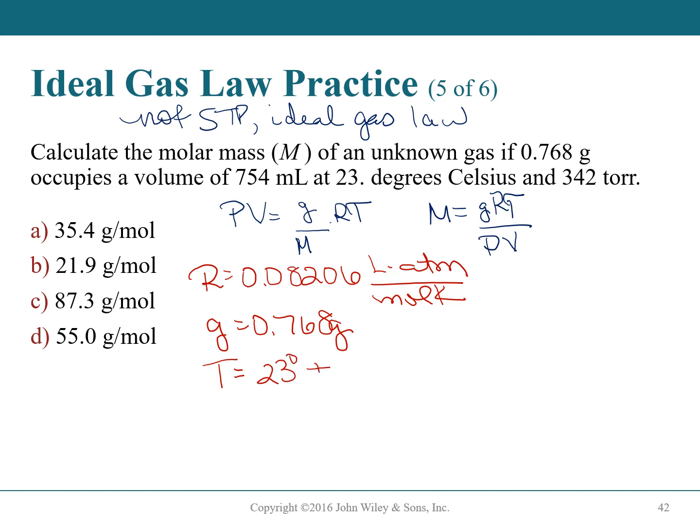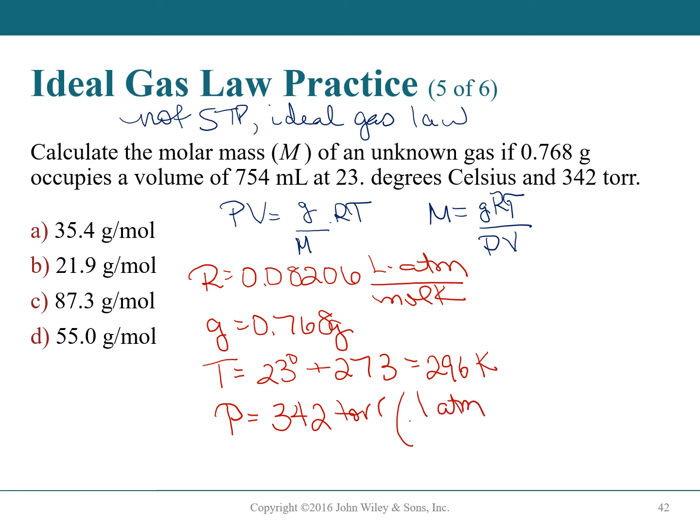So we're going to add 273 to this to convert it to Kelvin. So we get like 296 Kelvin. Okay. P for pressure is going to be equal to 342 torr, but we need to convert that to atmospheres. So we know that 1 atmosphere is equal to 760 torr.